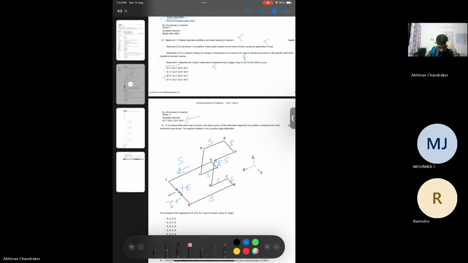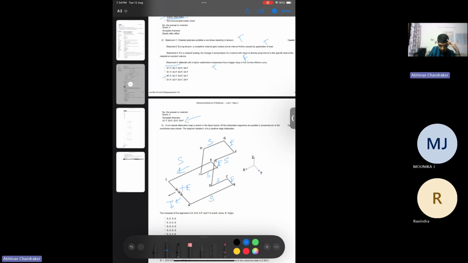Because we'll see later, a dislocation is a boundary between a slipped and an unslipped region. So this loop that we are seeing, within that the region has slipped, outside it is unslipped.